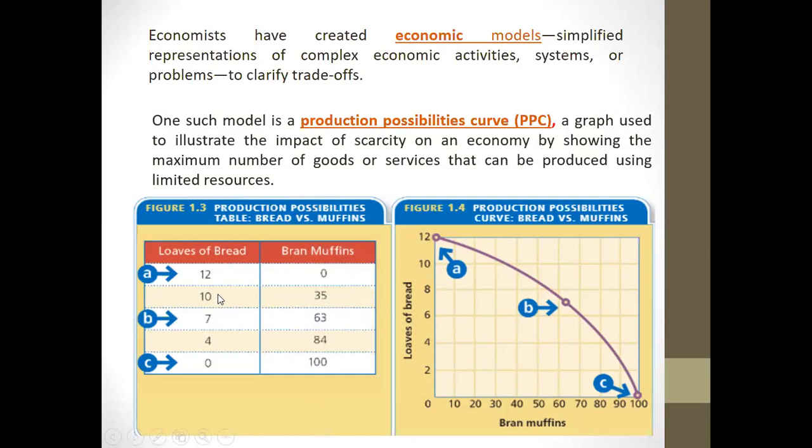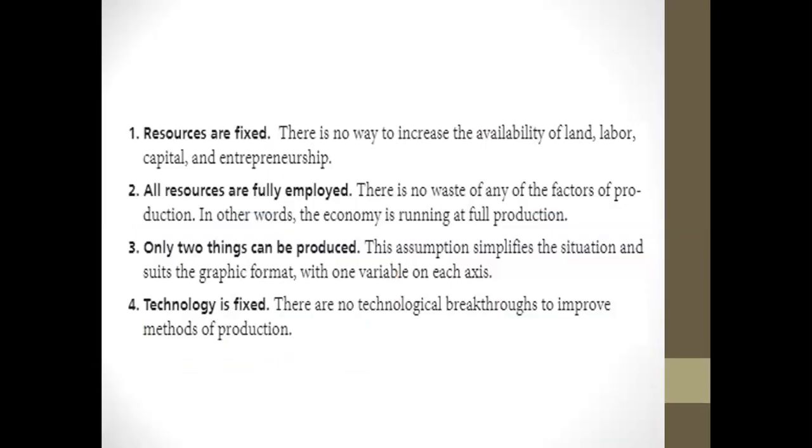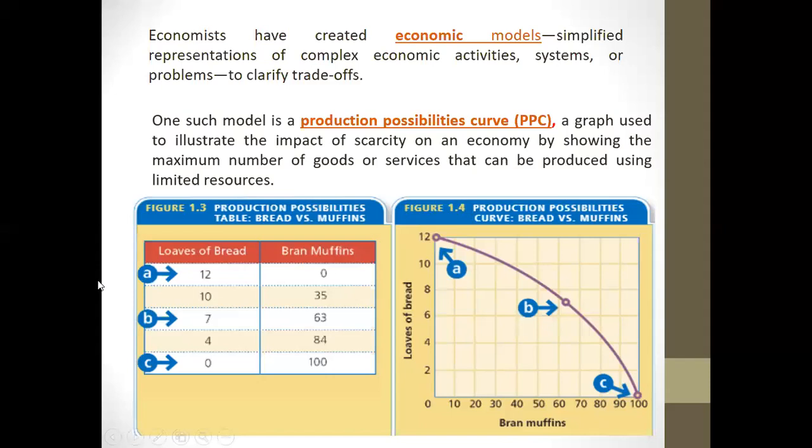Now, if they want to create more muffins, but if you invest time baking muffins, it means that you won't have time or enough material. Why? Because of the scarcity. You have limited material to produce something, either muffins or loaves.